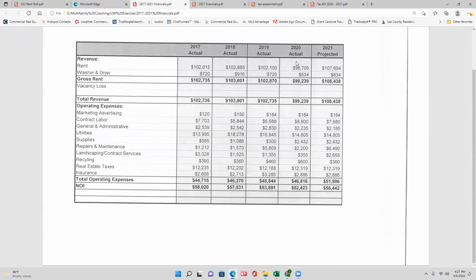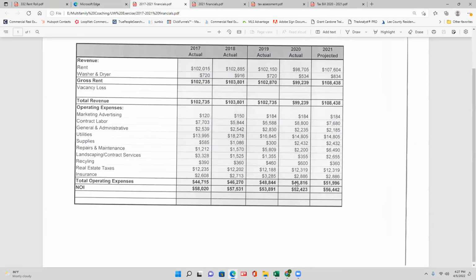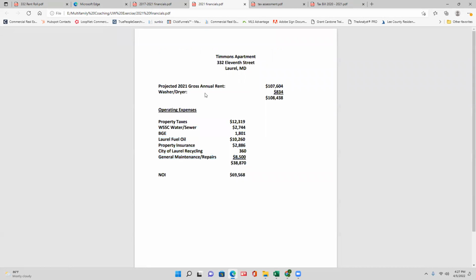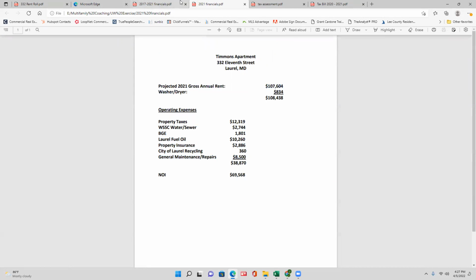Oh, projected. So that was the pro forma, huh? Okay, so I'm going to go back to 2020. I'm going to be plugging these numbers in. 2020, yeah, projected. We can't go off projected.